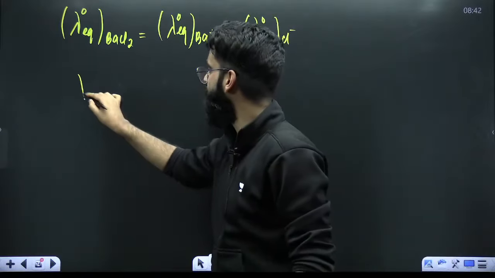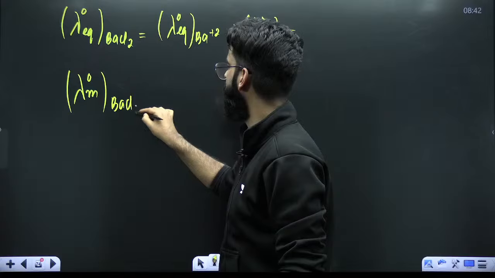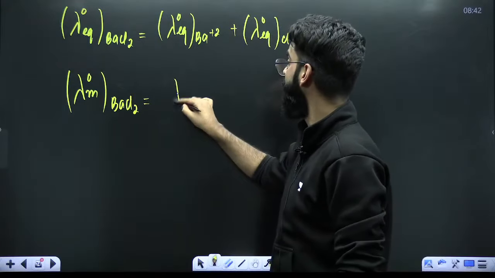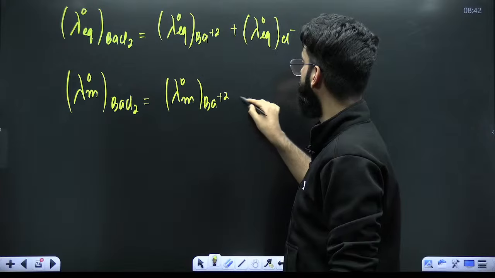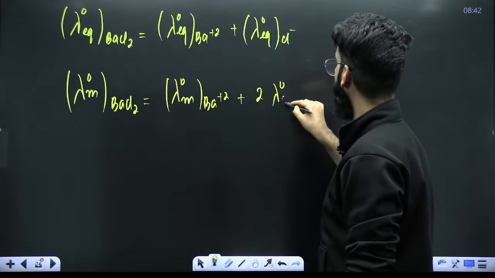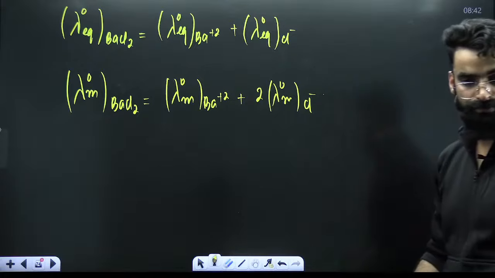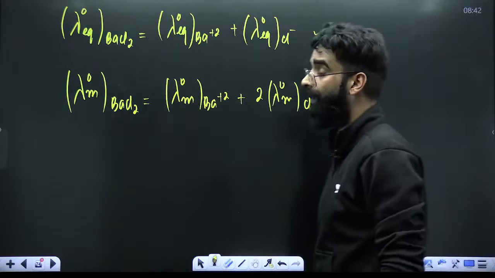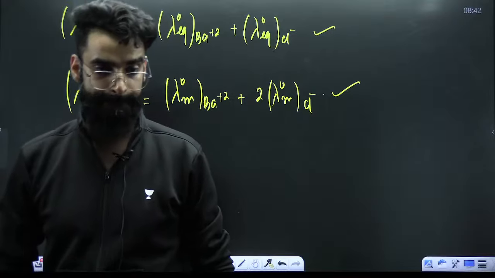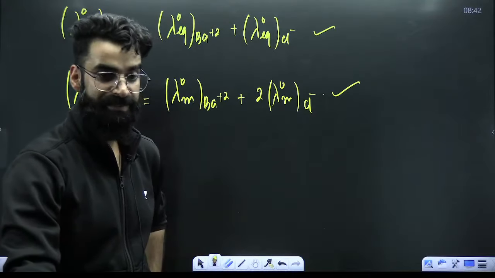But if you are writing molar conductivity at infinite dilution for BaCl2, you will be writing lambda naught m of Ba di positive plus 2 times lambda naught m of Cl negative. I hope these two statements are clear to you.